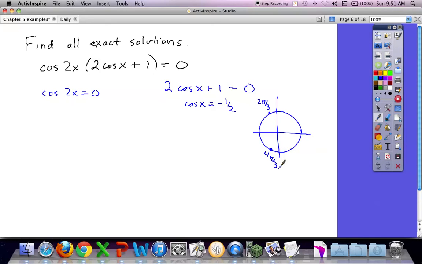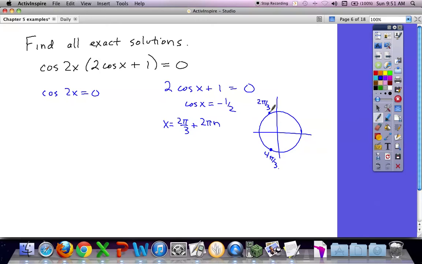Okay, but because I'm solving this and there's no limit to the domain, I can't just say 2 pi over 3 and 4 pi over 3. I have to say x equals 2 pi over 3 plus 2 pi times n, where n is an integer.